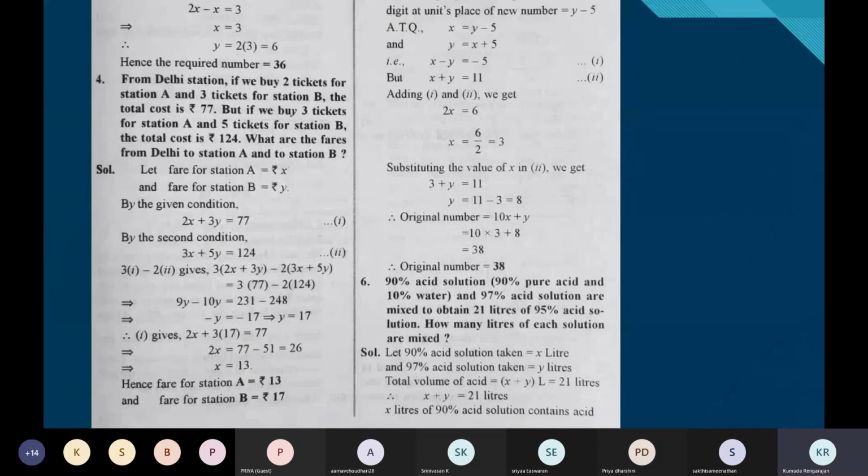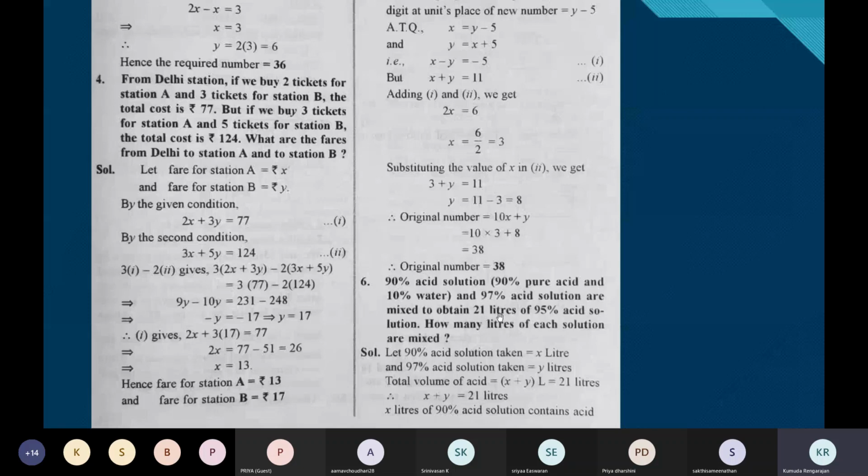Let me tell you once again. Let's call the 90% acid solution A and the 97% acid solution B. So let X liters of solution A and Y liters of solution B be mixed to get 21 liters.